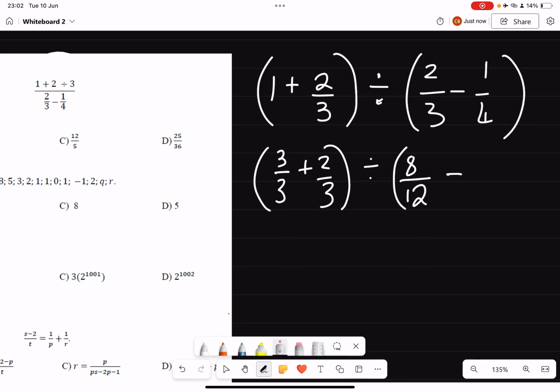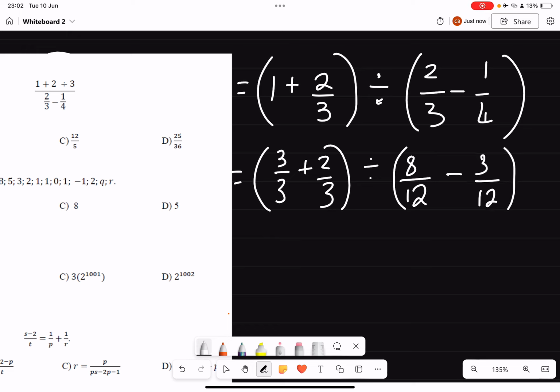Minus, this side I must multiply the bottom by 3 so that I also have 12, which means I must also multiply the 1 by 3. So 1 by 3 will be 3 all over 12, because 3 by 4 is 12.